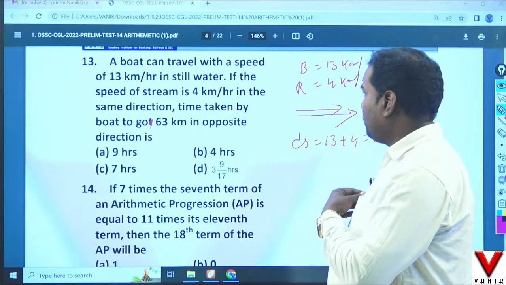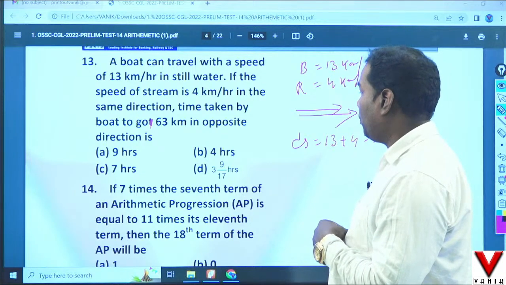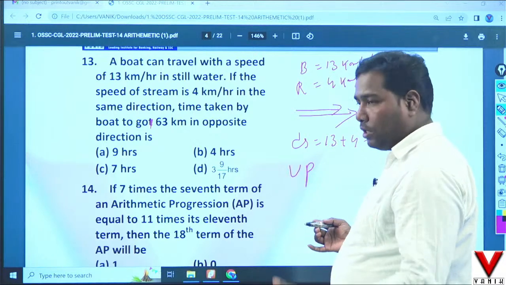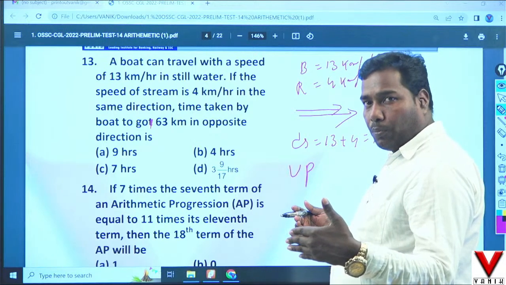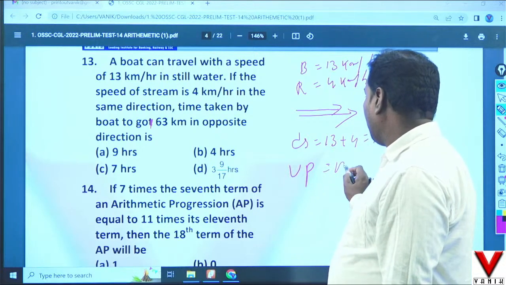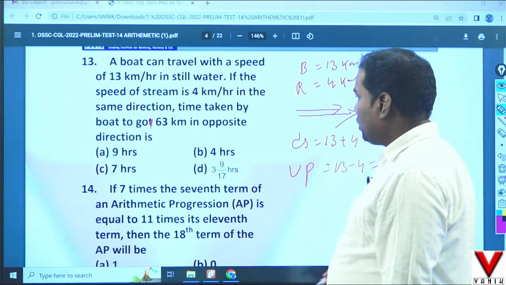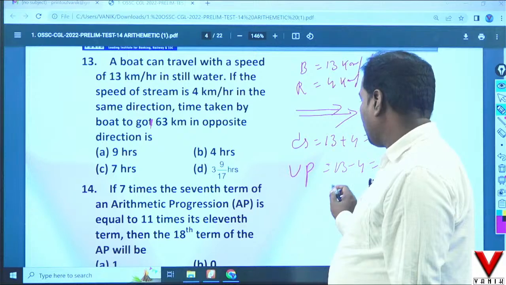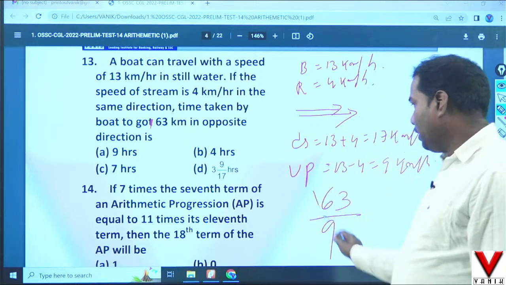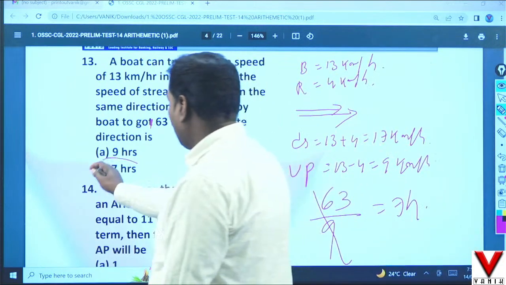Time taken by the boat to go 63 km in the opposite direction means upstream. That means 13 minus 4 is equal to 9 km per hour. So the boat has to cover 63 km distance at upstream speed. 63 by 9 is 7 hours. So option C is our correct answer.